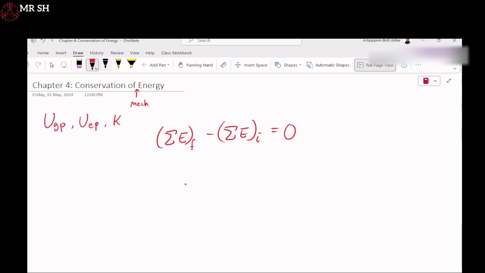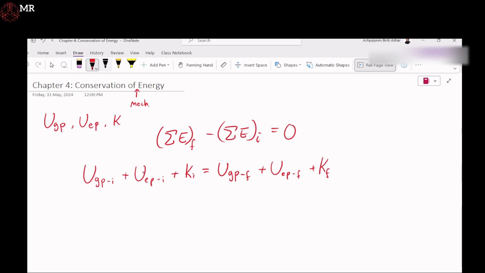Okay, so what this means is that initially we might have UGP initial plus UEP initial, plus our kinetic energy initial, right? And then we might have our UGP final plus UEP final plus our kinetic energy final.